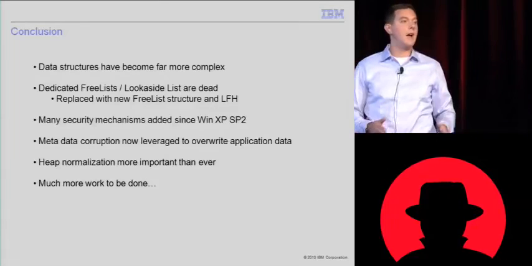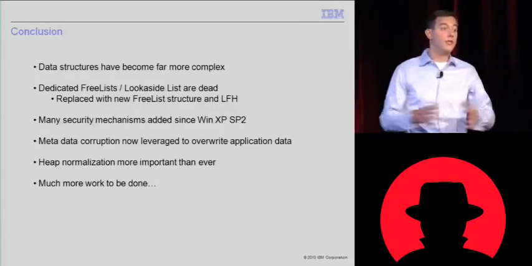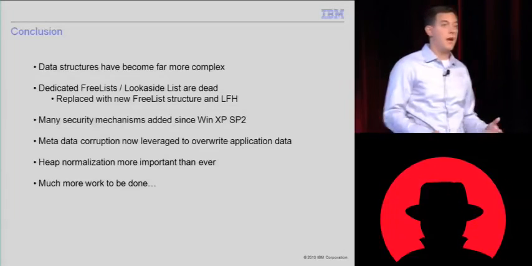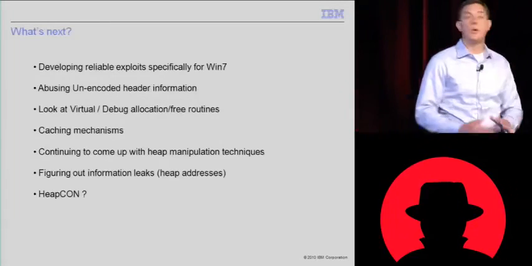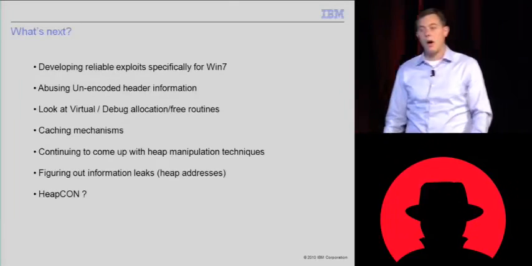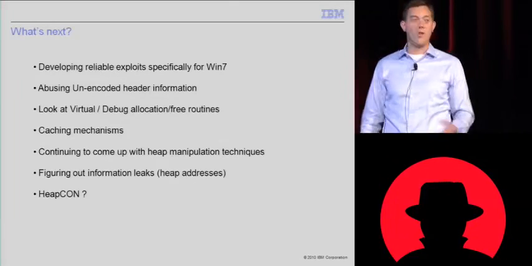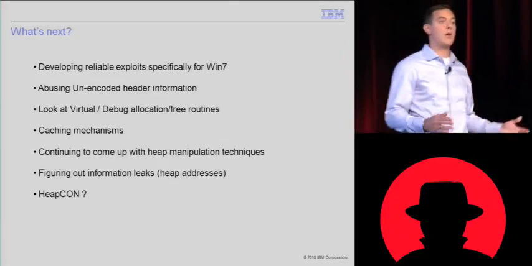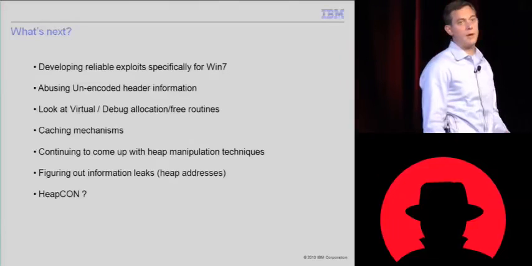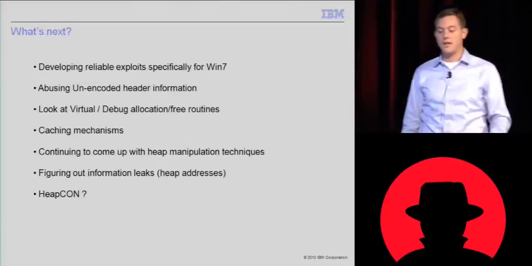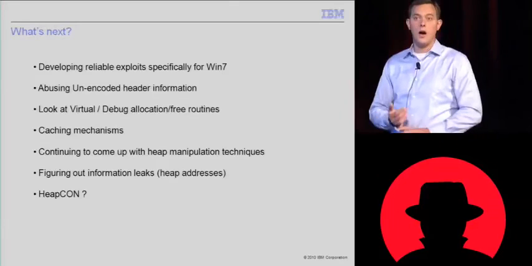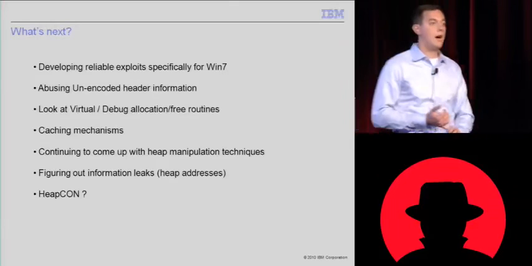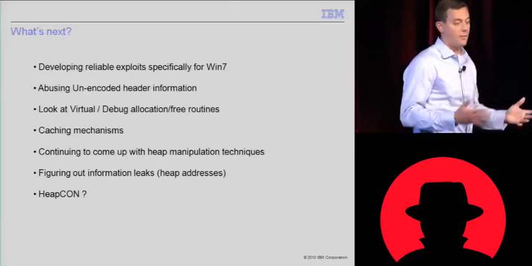You're going to need to figure out how to get memory close to each other to do what you need to be done. But I do think there's still a lot of things to be done as well. I want to see a lot more reliable Windows 7 exploits out there. I want to see what other people think and what other techniques they have. Just for a few, the unencoded section of the heap entry could be abused for things.